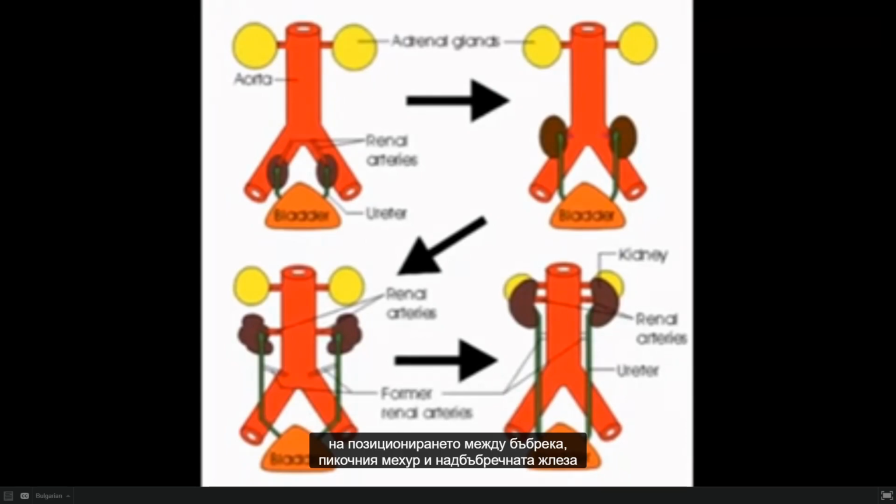And as you know, the star formation there is organized between the kidney, bladder, and the renal gland. And as you see, when we position different parts of the formation to each other, we will get a different organization of the matter between them.